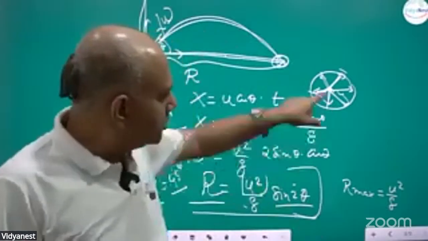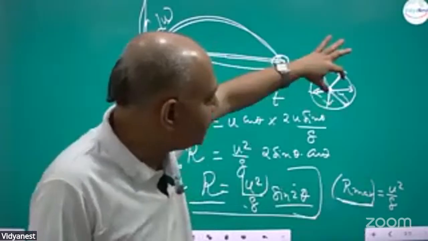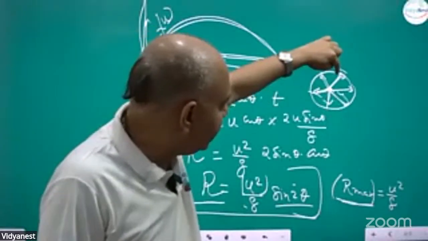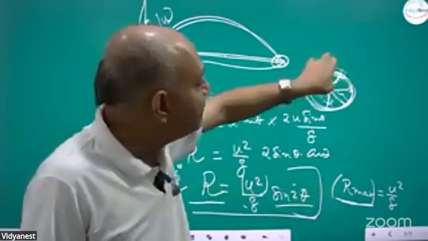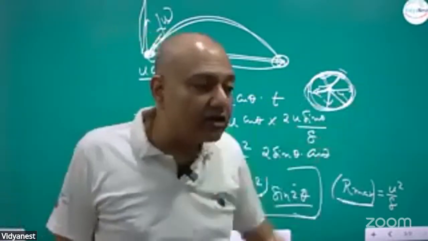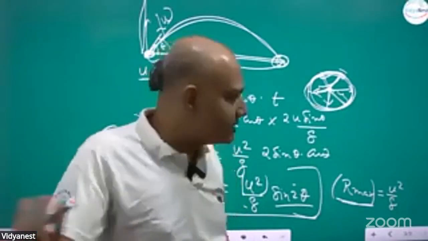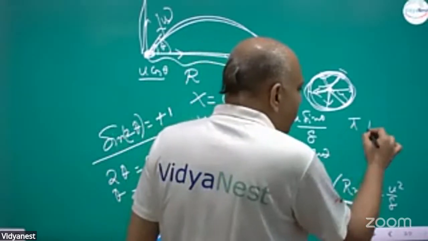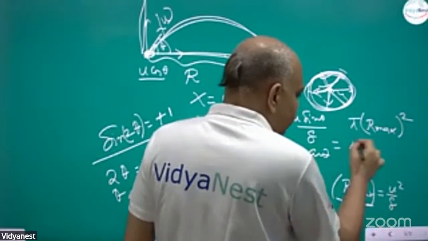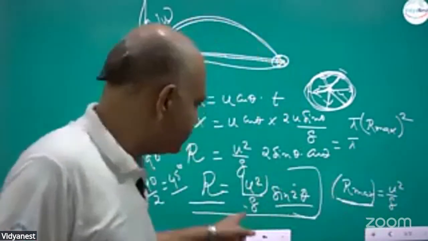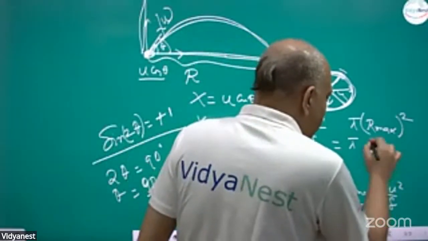So now, Saurabh, see, by taking R max, the maximum range, as my radius, if I develop a circle, that is the maximum area that the gun can cover, isn't it? So the area is pi into R max square, that is pi into u square by g, whole square.